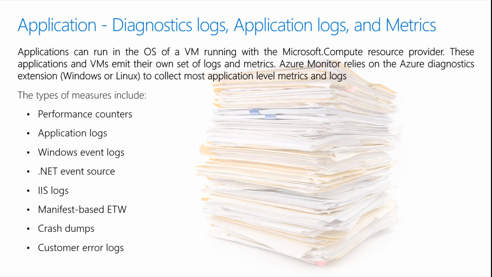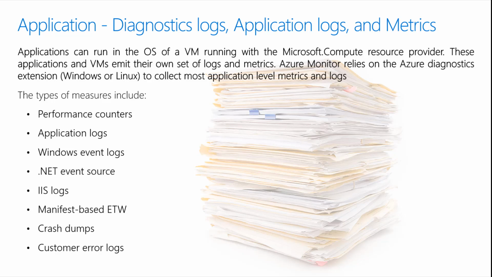Applications can run in the OS of a VM running with the Microsoft.Compute resource provider. So these applications and virtual machines emit their own sets of logs and metrics. And Azure Monitor relies on the Azure Diagnostics extension for either Windows or Linux to collect most application metrics and logs.